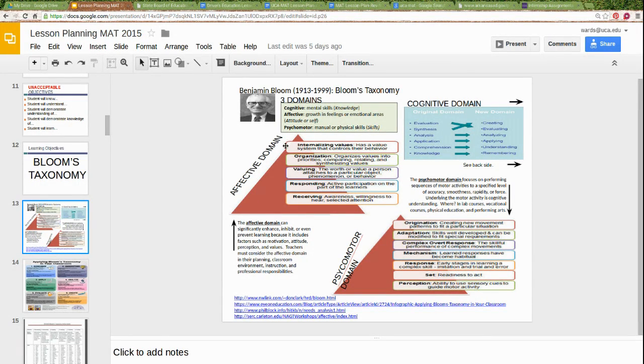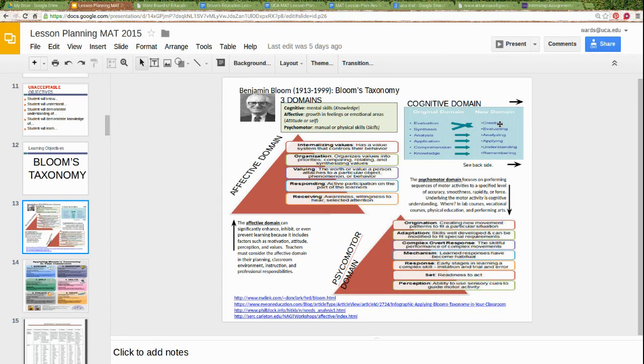shows the affective domain, which is the one that has to do with growth in feelings or emotions, the psychomotor domain, which has to do with the manual or physical skills. It's the cognitive domain that we want to focus on right now. And the reason we have this original and the new domain is because a few years ago, the original Bloom's taxonomy was revised and this new version was created.